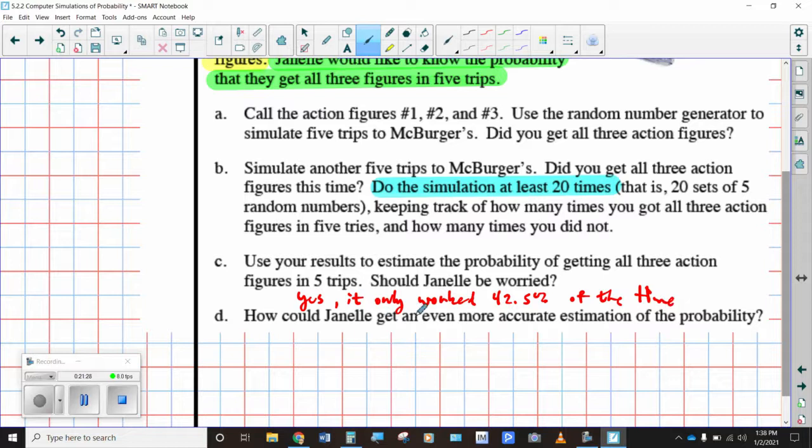So how could Janelle get an even more accurate estimation of the probability? Well, if she did the simulation 100 times or 1,000 times, that would work, right? So if you do more simulations, that will give you a more accurate probability. All right, so what fun.